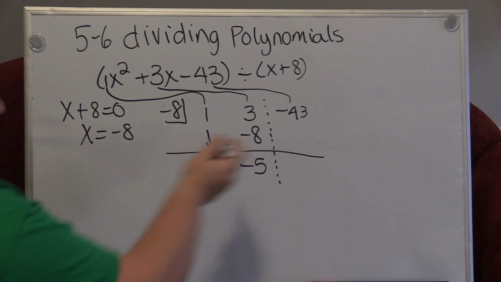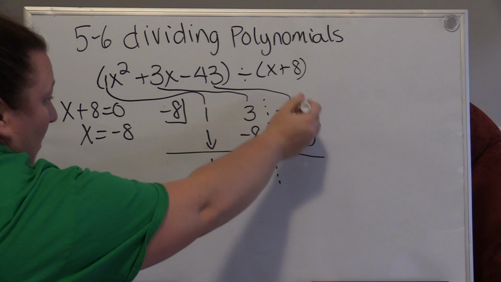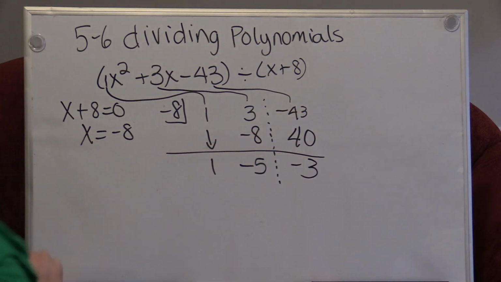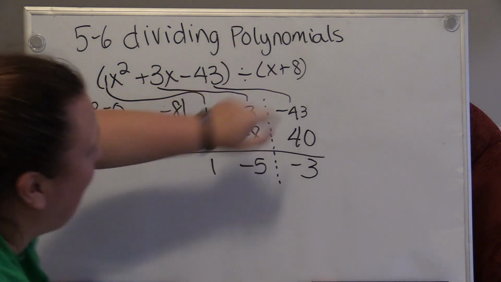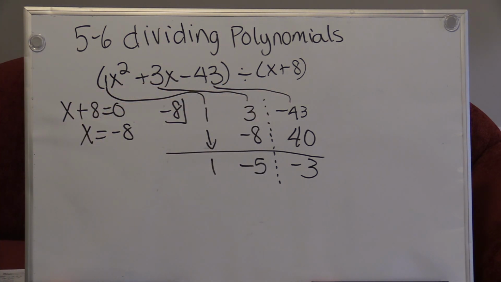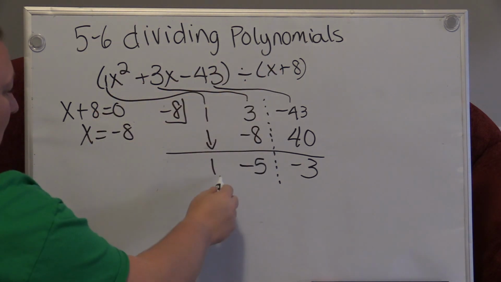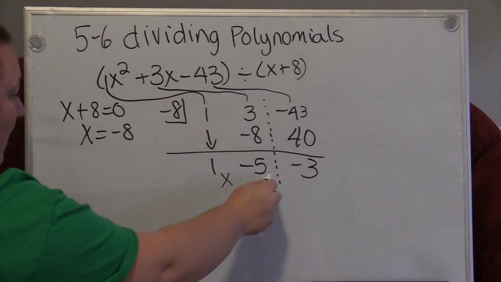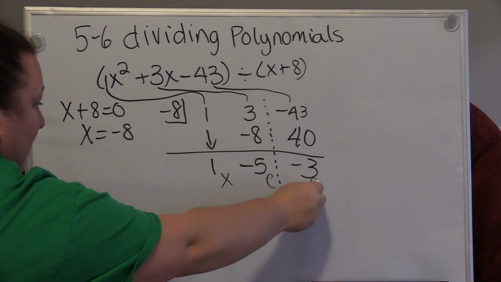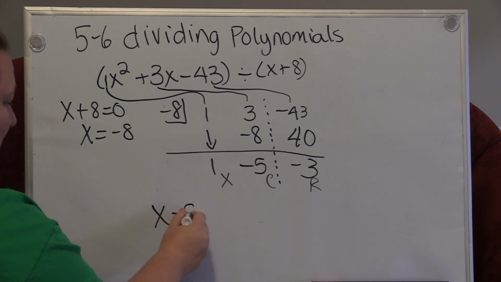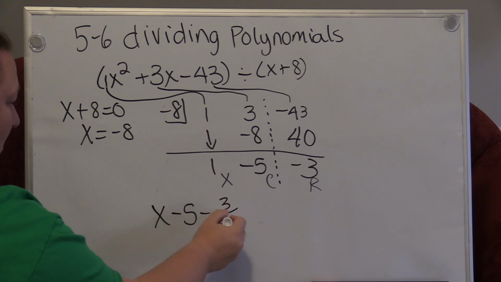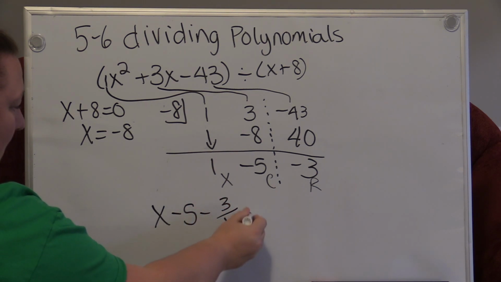Negative 5 times negative 8 is 40. And we're going to add here and get negative 3. We started at x squared and divided by x. So 2 minus 1 is 1, this is our x term, this is our constant, and this is our remainder. So our answer becomes x minus 5 minus 3 over x plus 8.